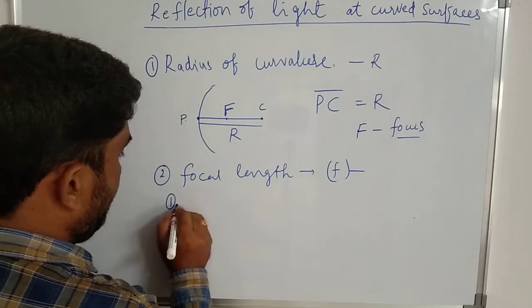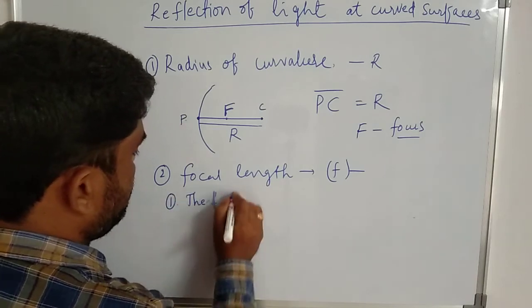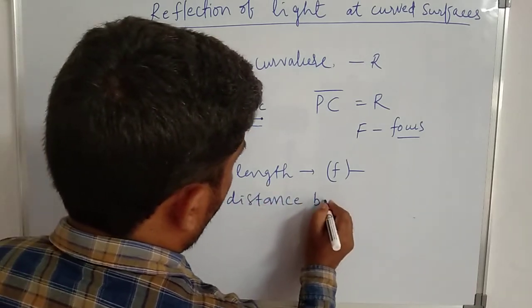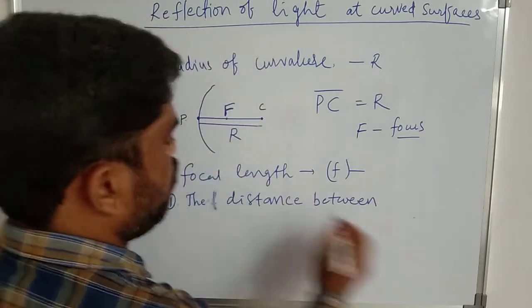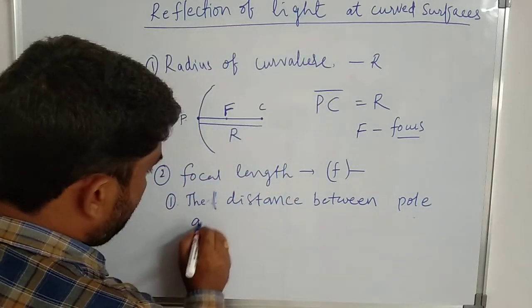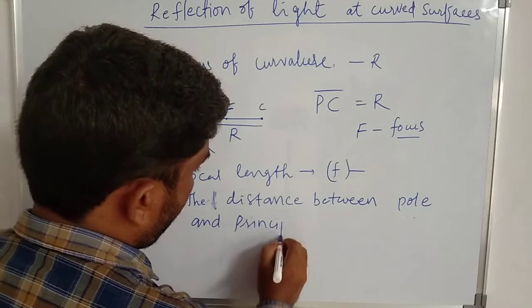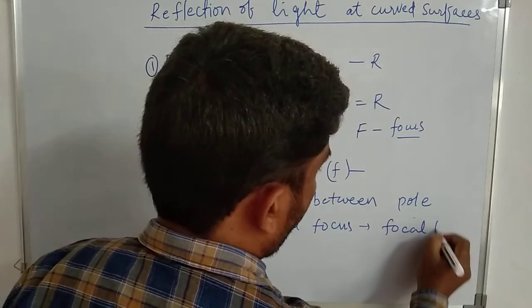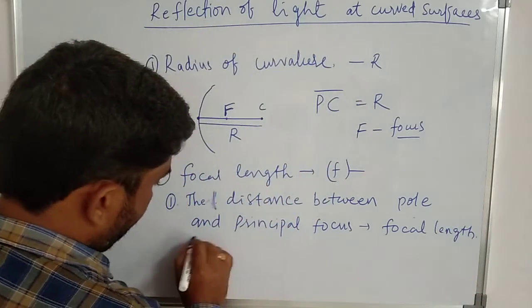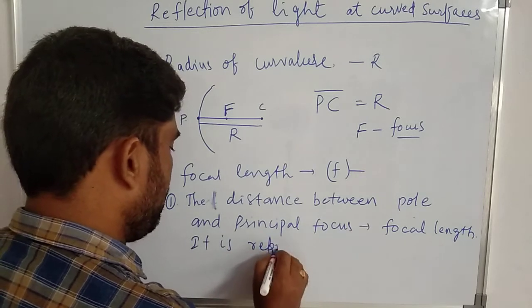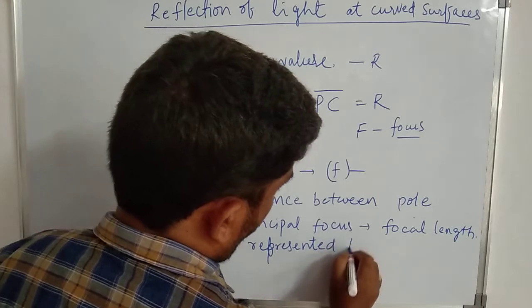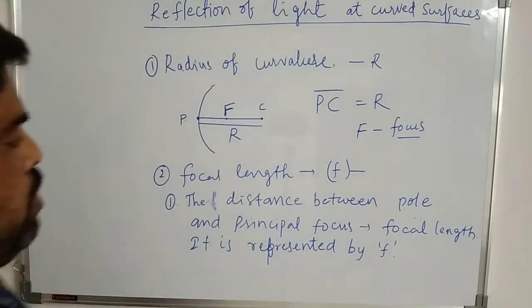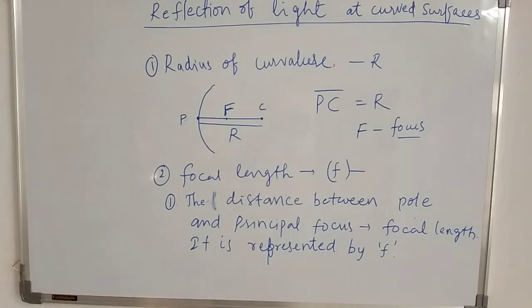Focal length is defined as the distance between the pole and the principal focus. It is represented by small f.